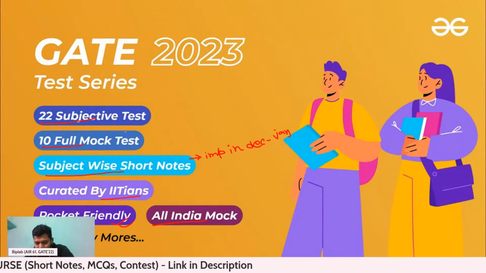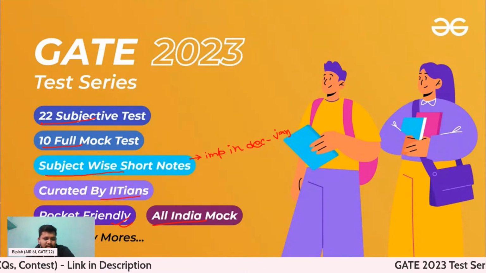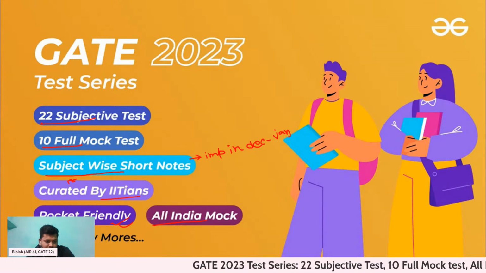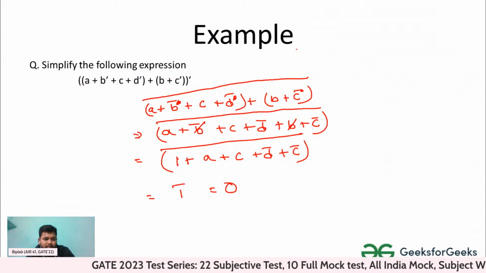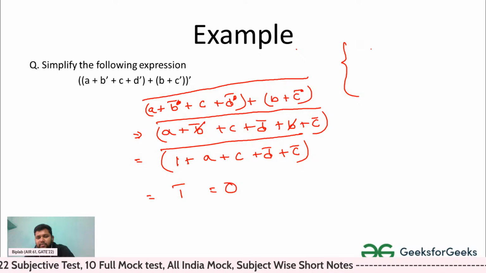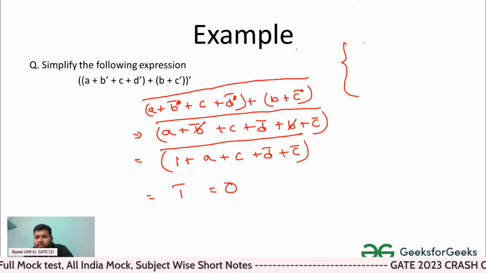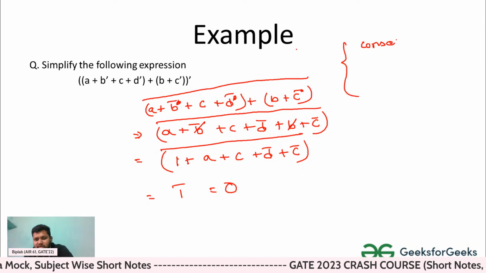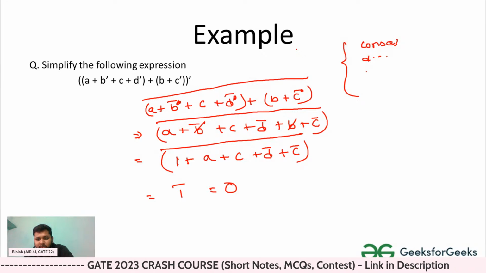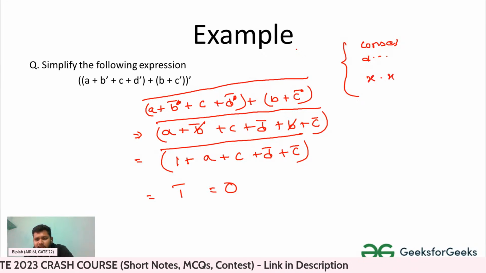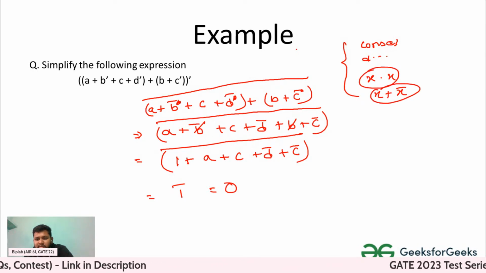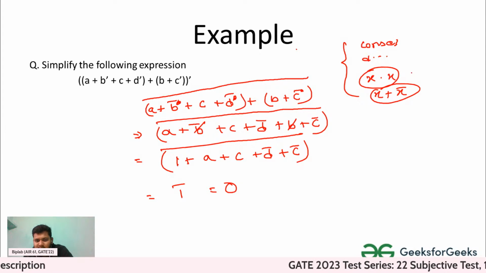How to remember the laws? You can try to memorize. For the important ones, like consensus and De Morgan's, I would recommend you memorize them. Otherwise, if it is a small thing like x dot x, x plus x bar, and you forget these formulas, just put some value and look at what is happening.